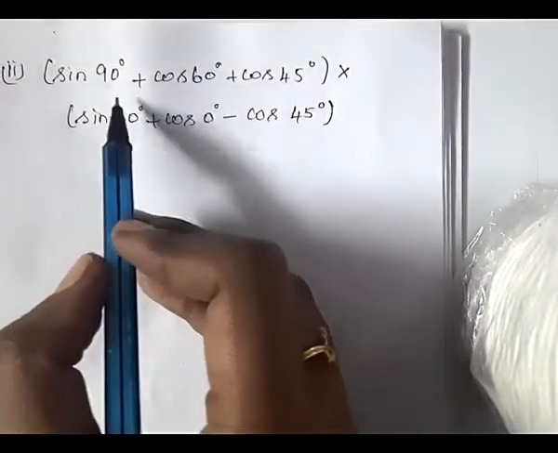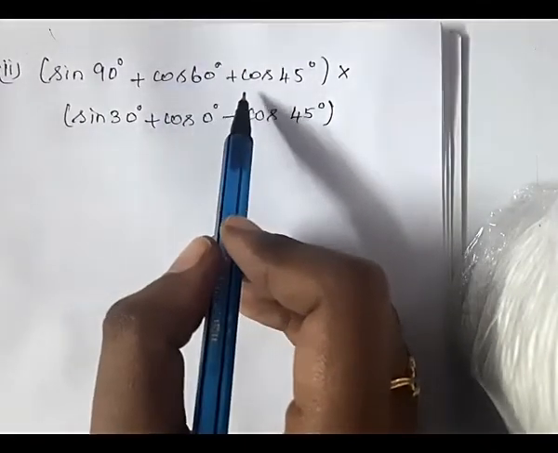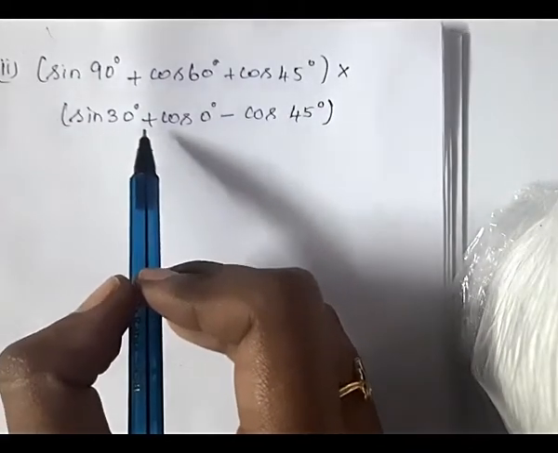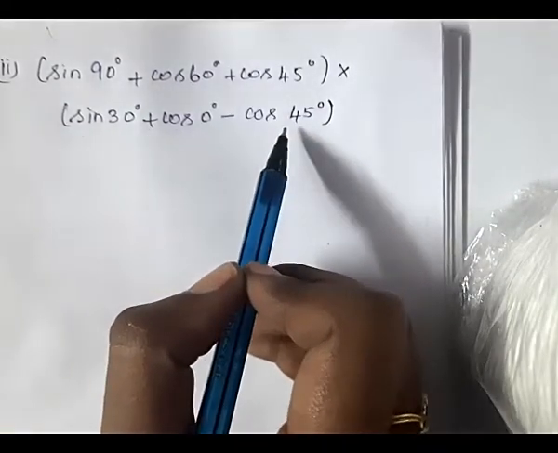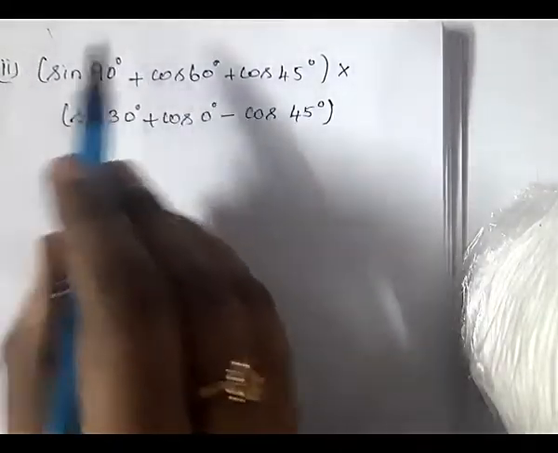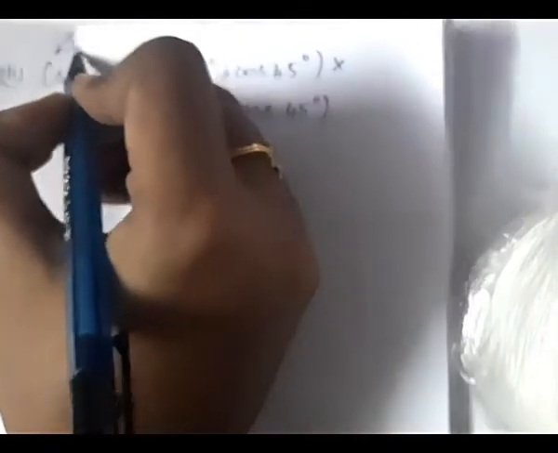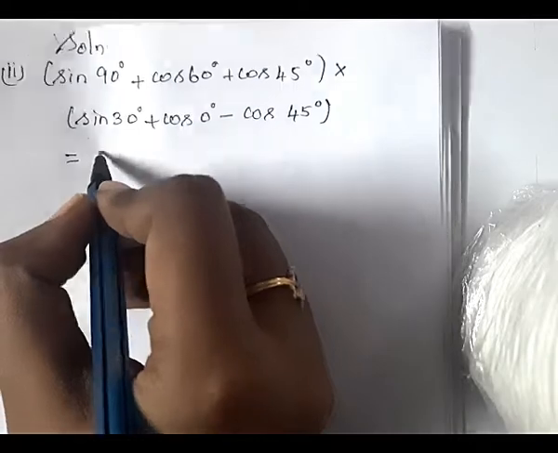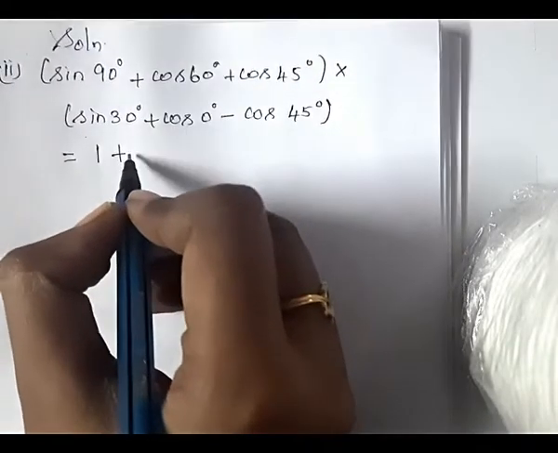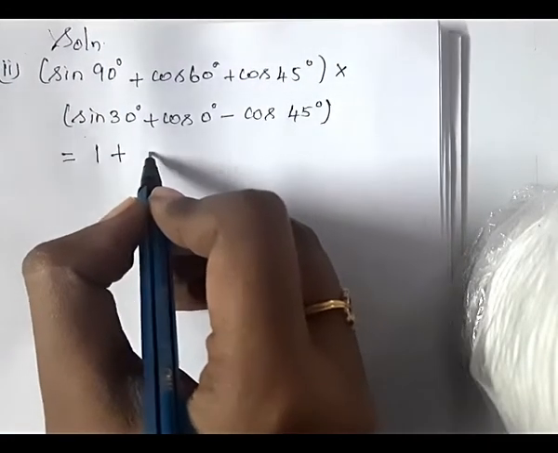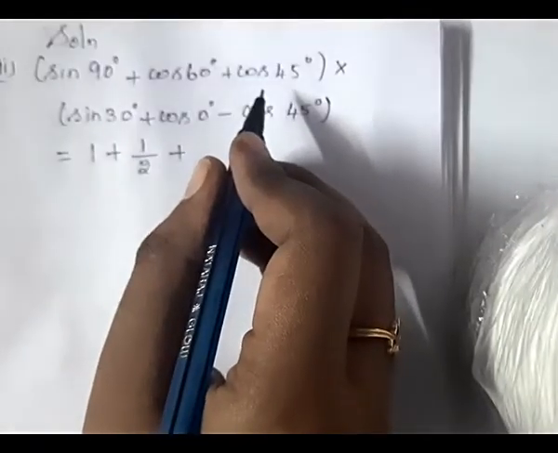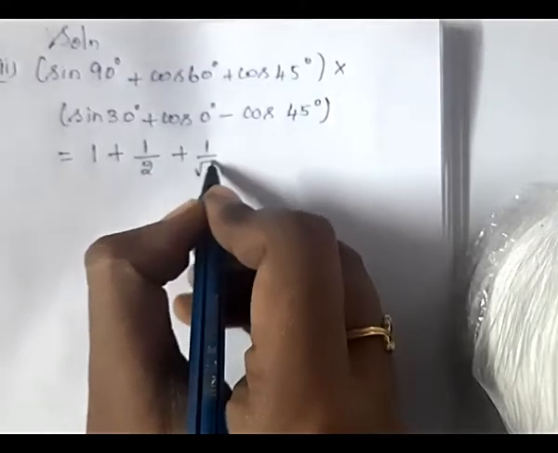Next problem: sin 90 degree plus cos 60 degree plus cos 45 degree into sin 30 degree plus cos 0 degree minus cos 45 degree. We have to find out the value of this. So solution. Write this equal to, sin 90 degree, that is 1. 1 plus cos 60 degree value is 1 by 2 plus cos 45 degree value is 1 by root 2.